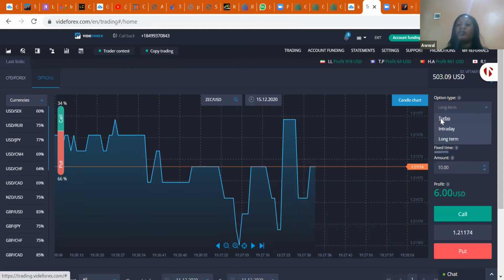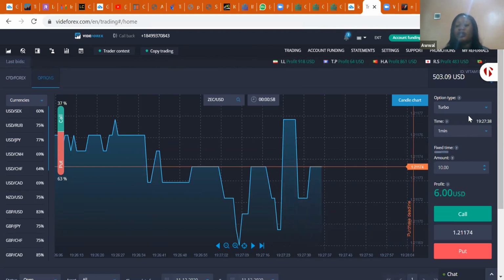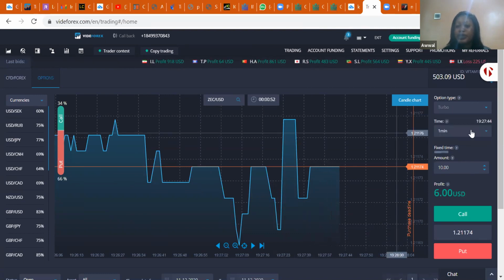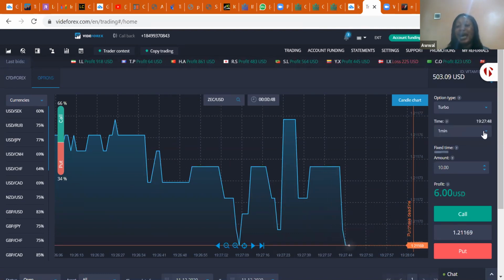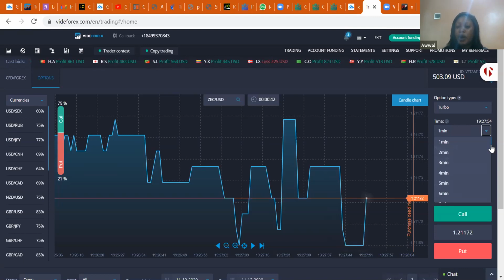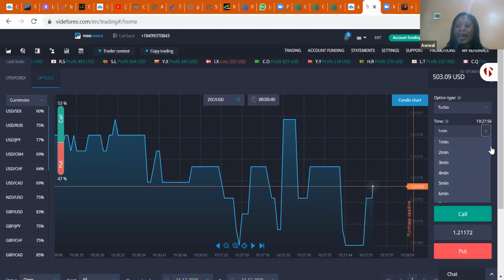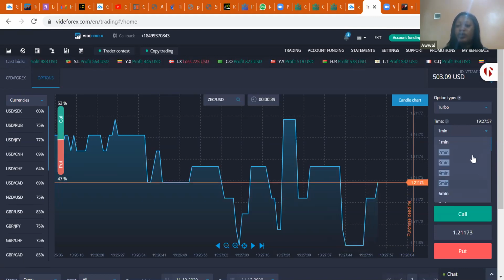All right, so if you want to be trading short term, all you need to do is click on two-bar. Once you click on two-bar, the next option that we have there is time. By default, your time will change to minutes. So you would only see 1 minute, 2 minutes, 3 minutes, 4 minutes, 5 minutes, and so on.